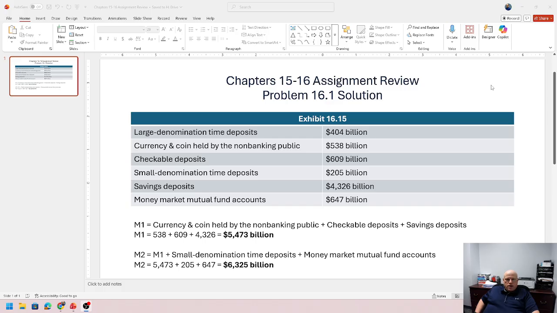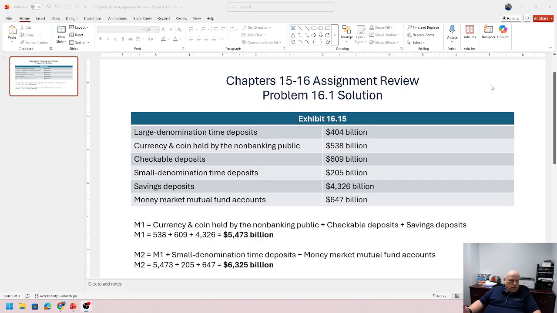And of course in chapter 16 we learned about the different definitions of money. The narrow definition, which is what we call M1 money, and the broader definition of money, which is called M2 money. And it basically gave you in the textbook the formulas for calculating each of those, and then it gave you the values that you need.